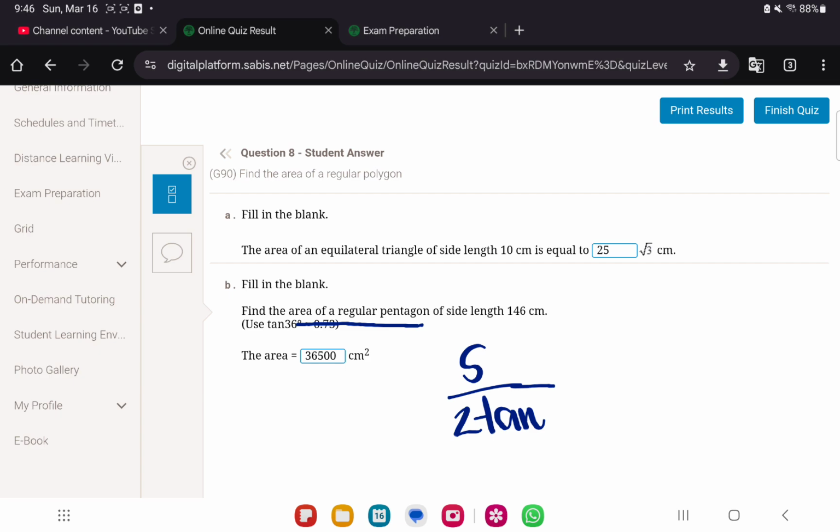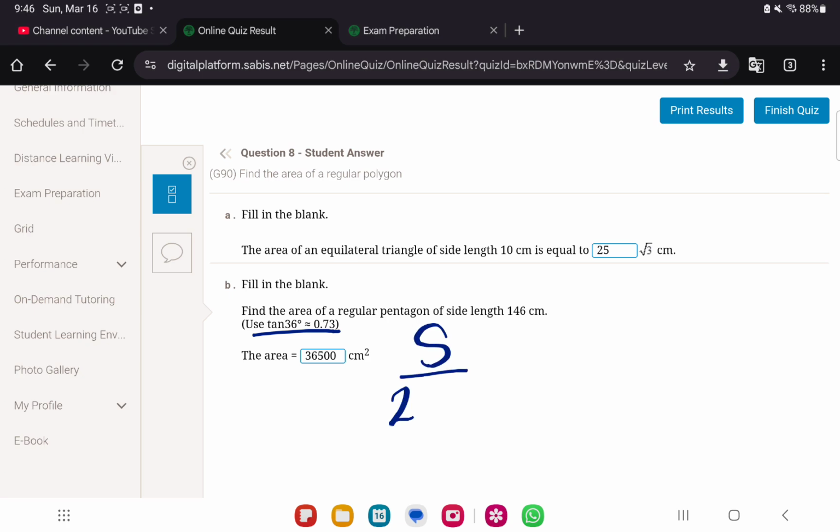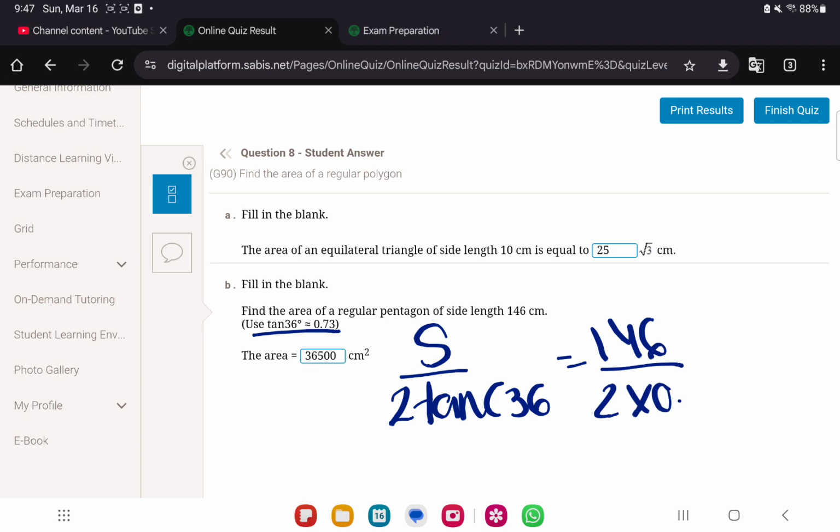So here they're already giving you tan 36, okay? So you do s over 2 tan of 36, which is 146 over 2 times 0.73, which is 100, okay? Sorry, I wrote 1,000.